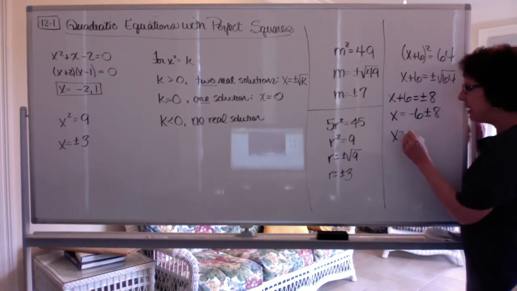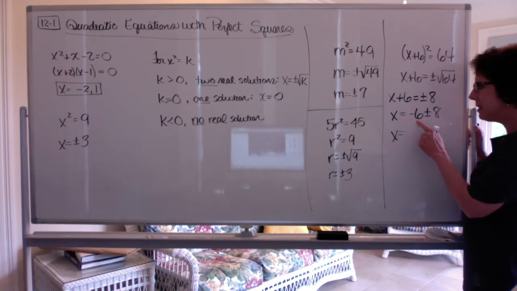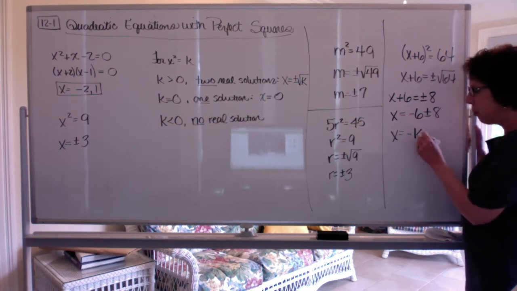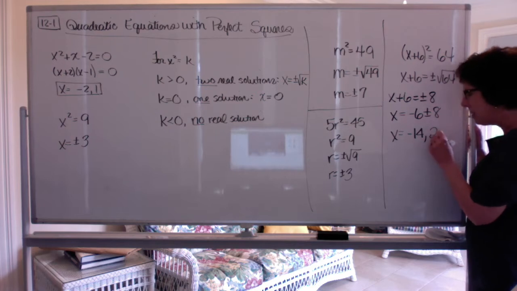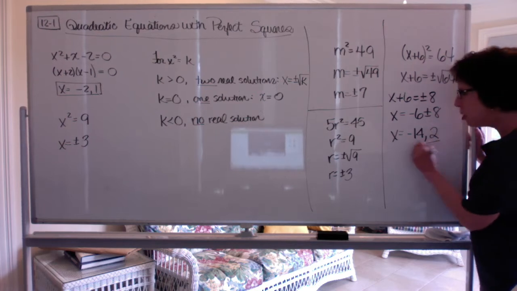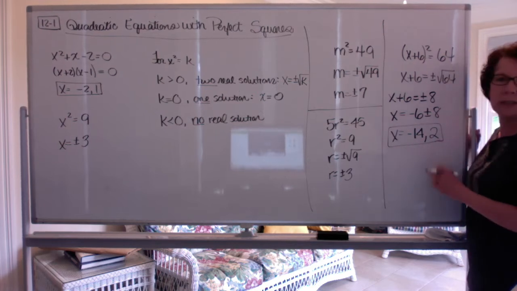But we can do the math. So I have x equals, well, let's first do negative 6 minus 8, which is negative 14. Now, what is negative 6 plus 8? Positive 2. And I have two solutions. You can list either one first.